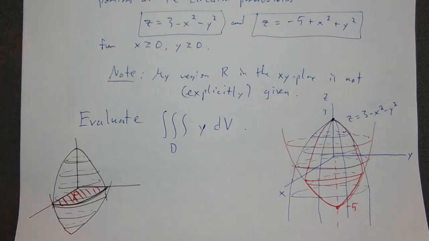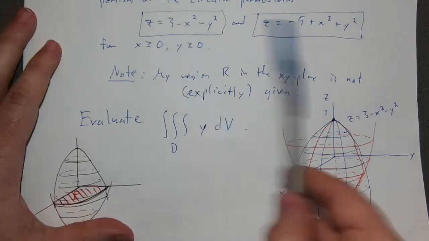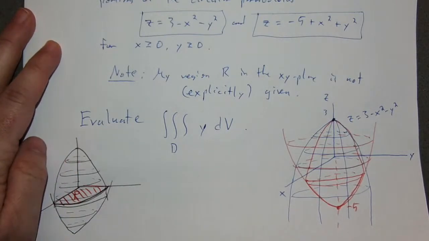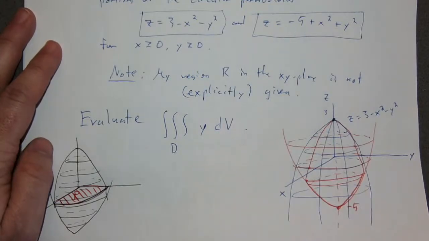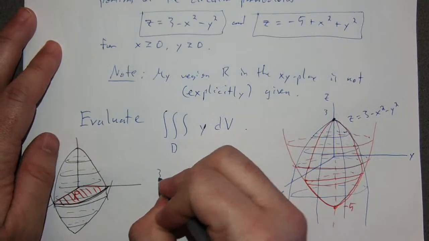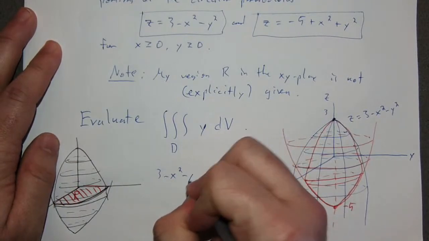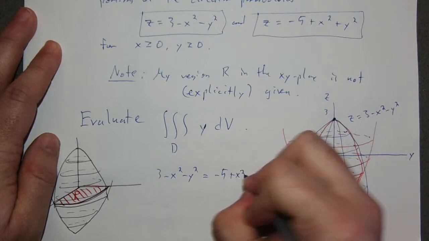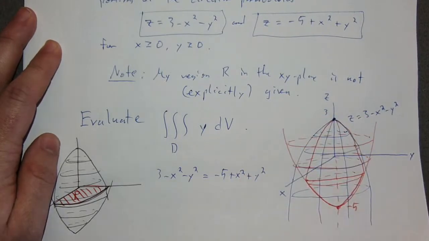I can figure that out by doing the thing that you would want to do with this anyway. You have 2 things and you're interested in the intersection of them. What do you do? You set them equal to each other. It's what you always do when you're meshing algebra and geometry and you want to know something about intersection. So I set them equal to each other: 3 minus x squared minus y squared is equal to minus 5 plus x squared plus y squared.